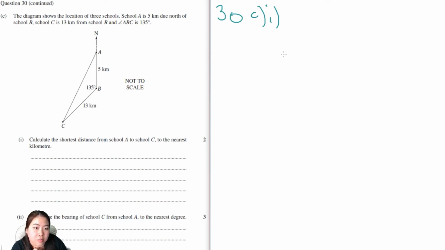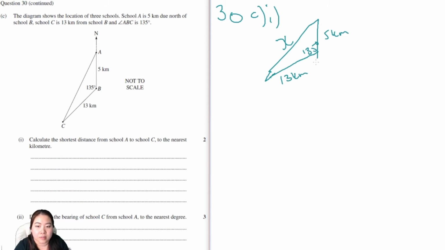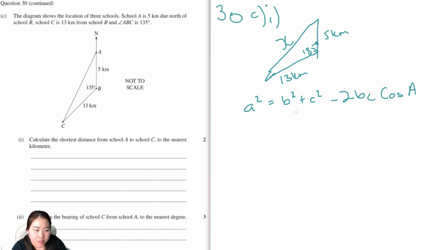Basically, this is trigonometry. You have a triangle, though it's not drawn well. You've got 5 kilometers, 13 kilometers, and you are trying to find this side. You would use the cosine rule for this, which is a squared equals b squared plus c squared minus 2bc cos A. Then you just sub everything in.